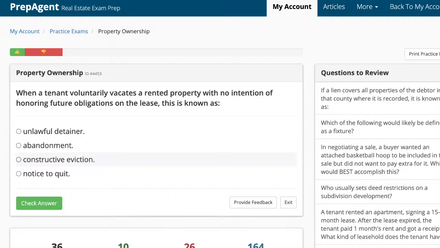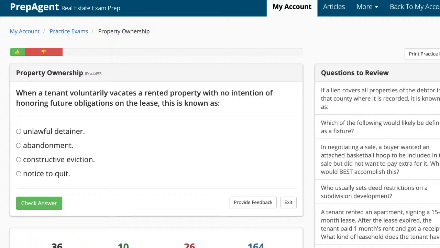So whenever you see 2 dates, estate for years, or if it's like a summer rental, it's estate for years. What is an example of period to period, Enola? Month to month lease would be period to period.